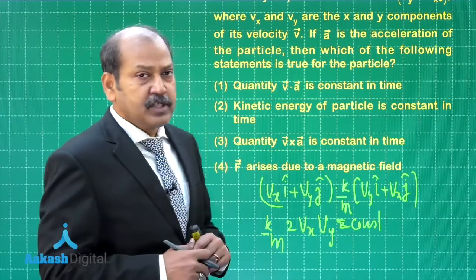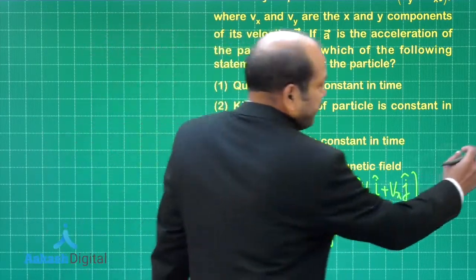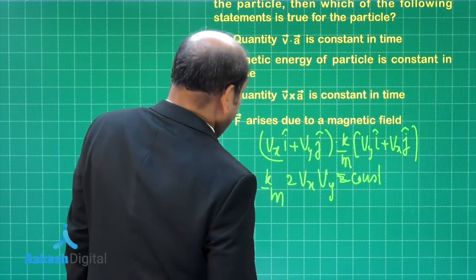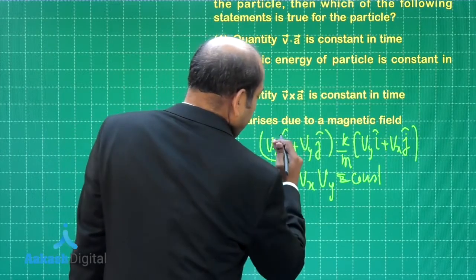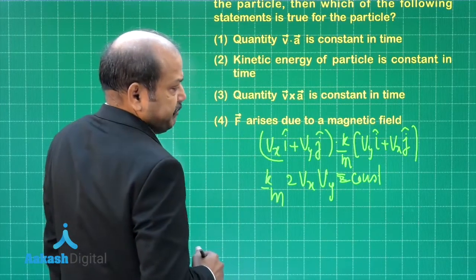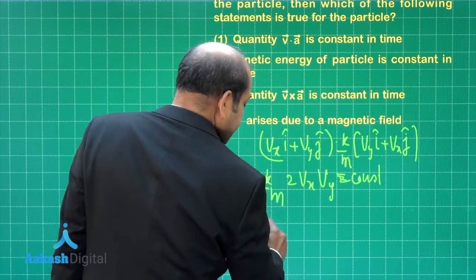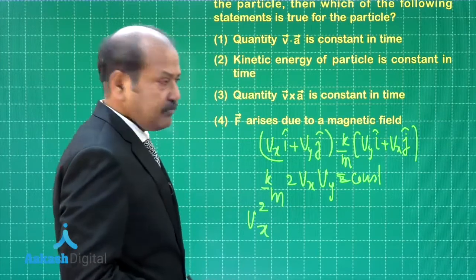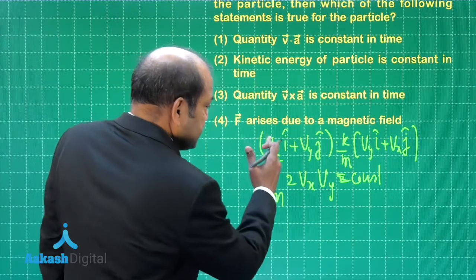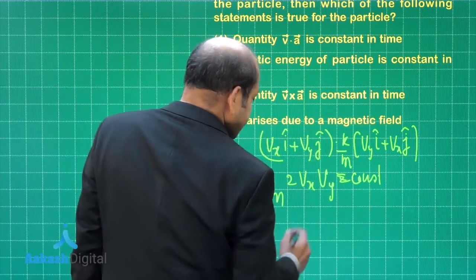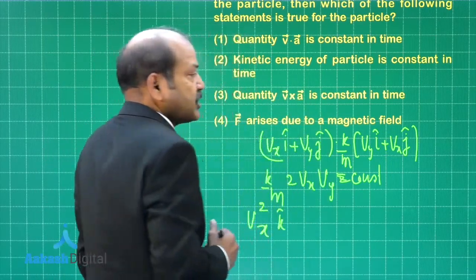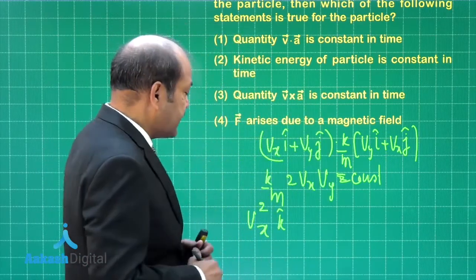V cross A is constant in time. So, let us find the expression for V cross A first of all. If we look at V cross A, what we are going to get is Vx I cap cross Vx j cap. That means Vx square, that term will be there. There of course is a term of k by m, and I cap cross j cap is k cap. If we start with V cross A is constant in time, we are going to evaluate this.